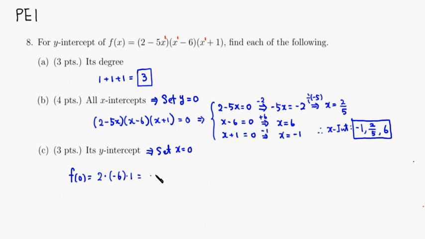That's going to be negative 12. So therefore, the y-intercept is going to be negative 12. That's it. I hope that this was clear.